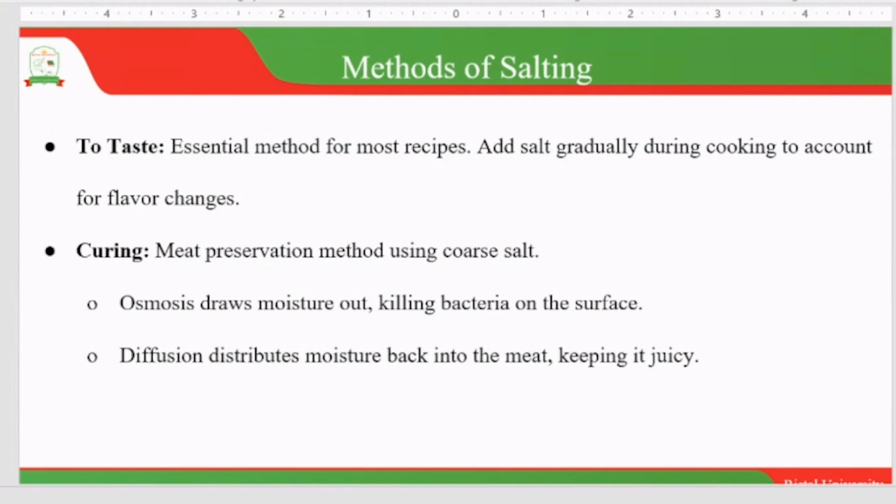So, what are the methods of salting? We had looked at salting earlier on, but also we had looked at smoking. We had seen the effect of salting, but also the effect of smoking. We had looked at salting being the applying of sodium chloride, and what does the sodium chloride do?